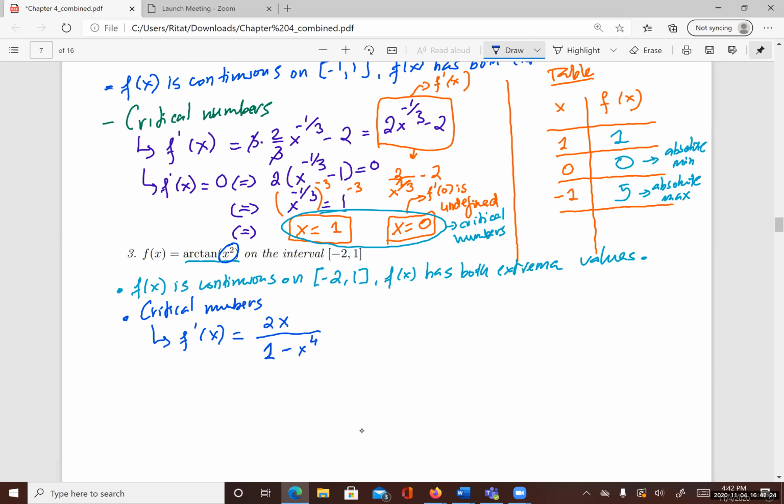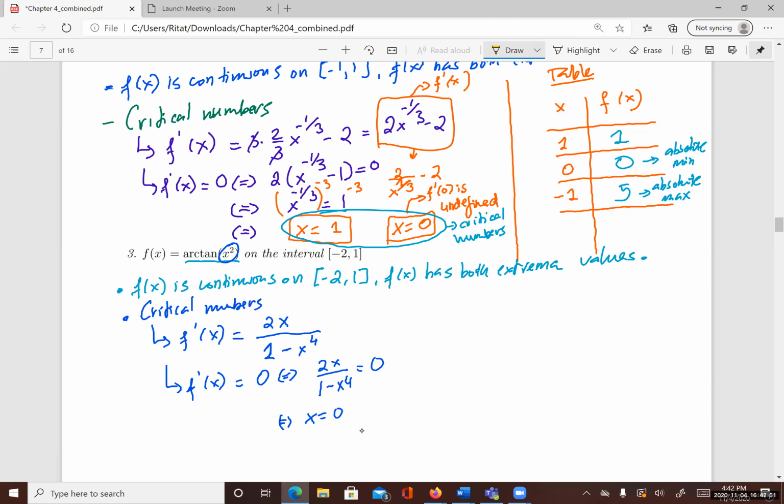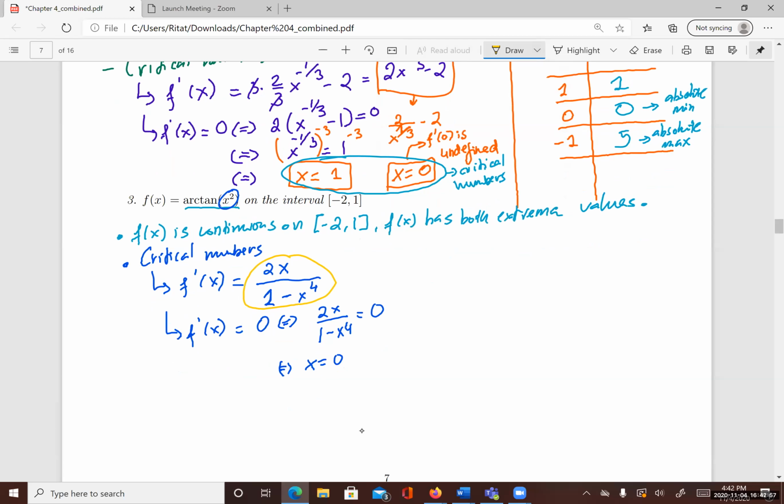All right, then the next thing is you want to set f prime of x equal to 0, meaning 2x over 1 minus x to the 4th equals 0, meaning x equals 0. But again, we have to pay attention to the undefined values, like the points where f prime of x is undefined, and as you can see here, x equals 1 and -1.